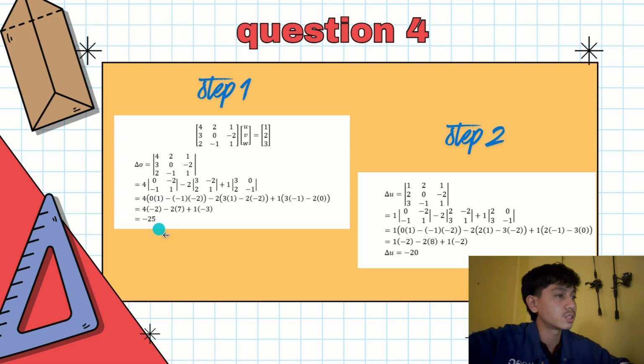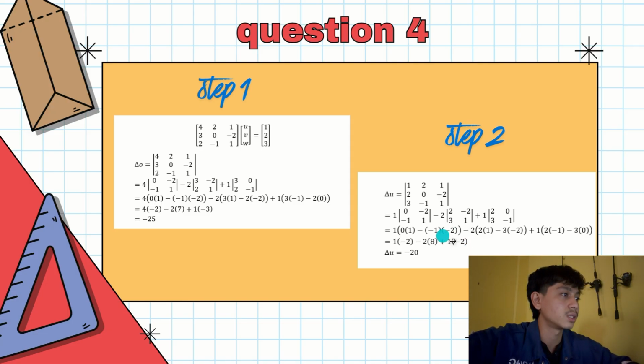Okay, we move on to step 2. In step 2, we find delta u by replacing the u column of the coefficient matrix with the constant terms of 1, 2 and 3. The determinant of this new matrix is then calculated.